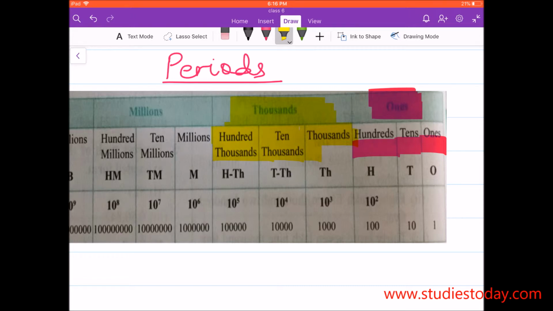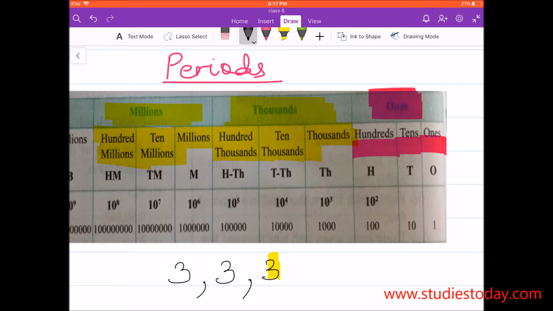Moving ahead, we go to the next period, which is million, and I count as million, 10 million and 100 million. So here each period has 3 places: for the ones period, then again for the thousands period, and for the millions period.